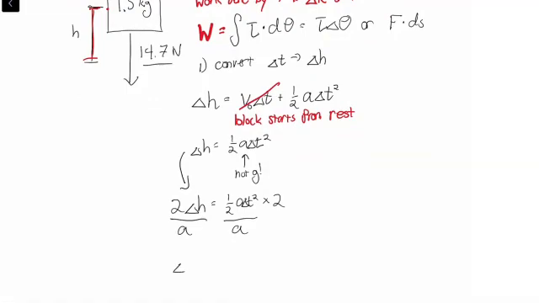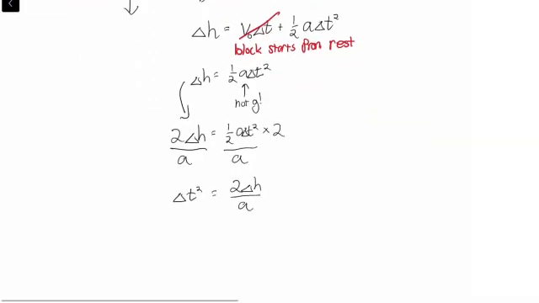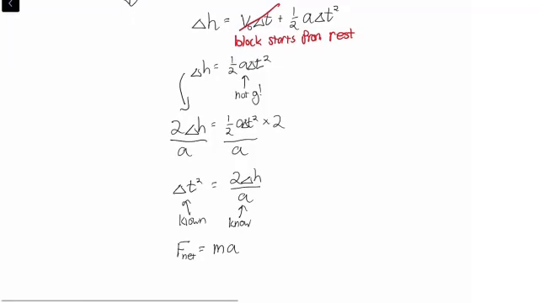Then delta t squared is equal to 2 delta h over a. We know this because F net is equal to mass times acceleration.